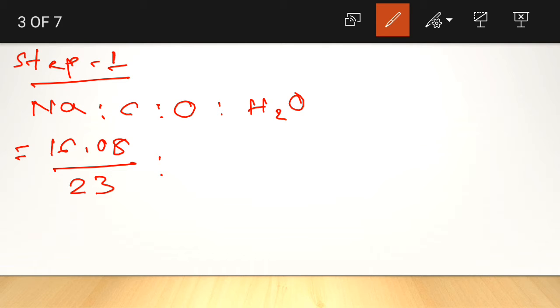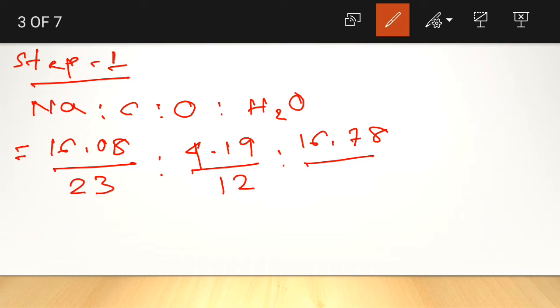Then carbon has the percentage of 4.19, so it is divided by 12 because the atomic weight of carbon is 12. Then oxygen is present 16.78 divided by 16, and water is present 62.95 divided by 18.